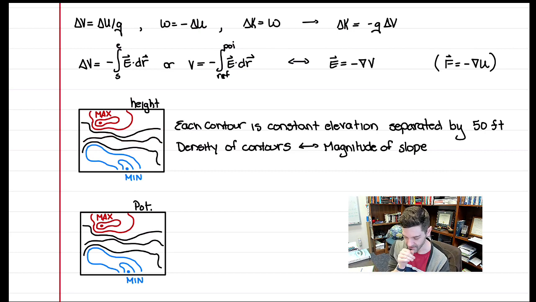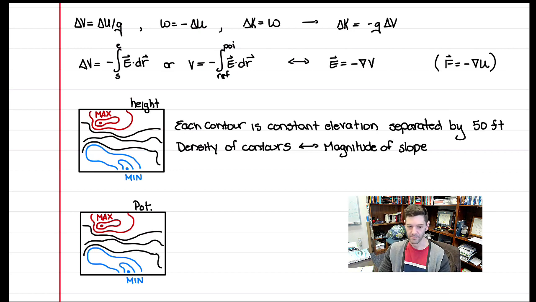If these contours are separated by 50 feet, this might be sea level, this might be 50 feet above sea level, 100 feet, 150 feet, 200, you get the point. So this gives me a 2D topographical map of what actually is going on in 3D.